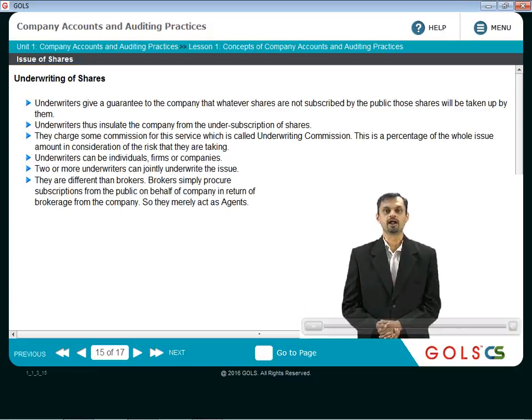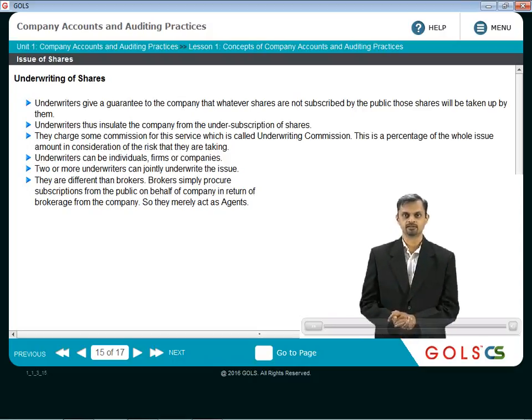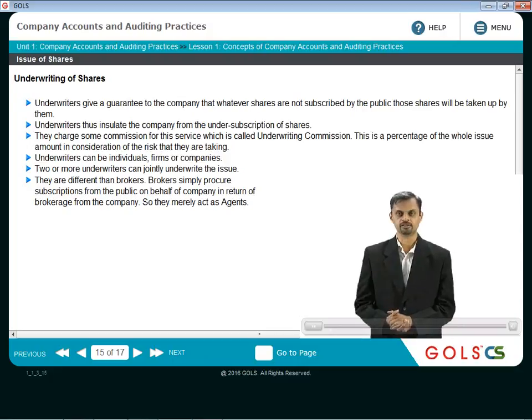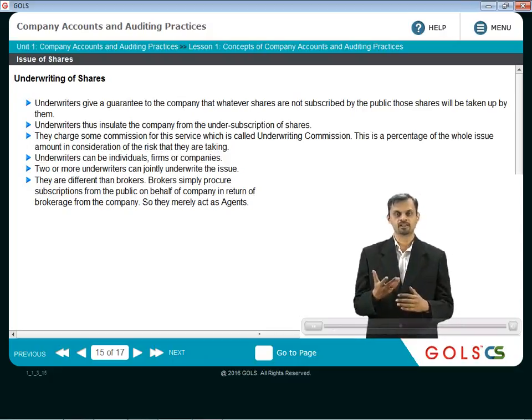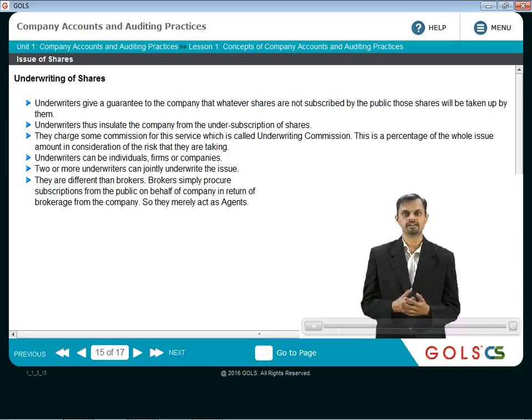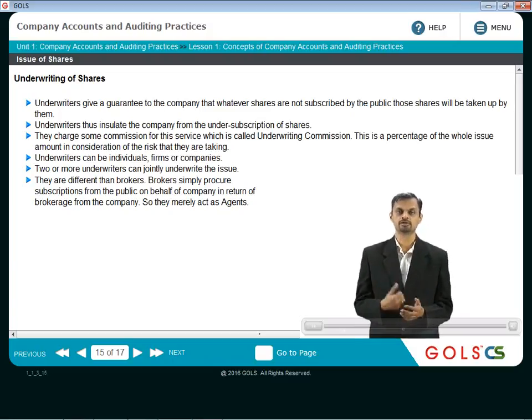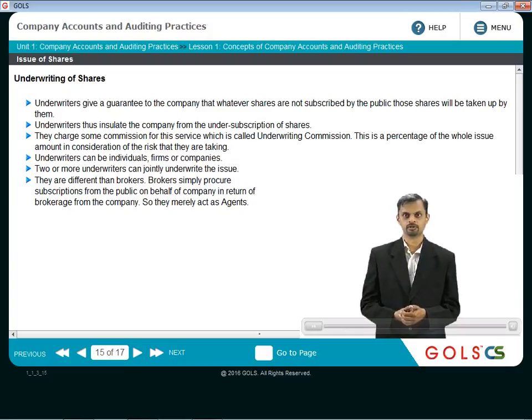Now there is something called underwriting of shares. Now what is underwriting? To explain in very simple terms, earlier we talked about the different categories of share capital. There we said that the issued capital, if it is not taken up by the people, if it is not subscribed, it is called under subscription.